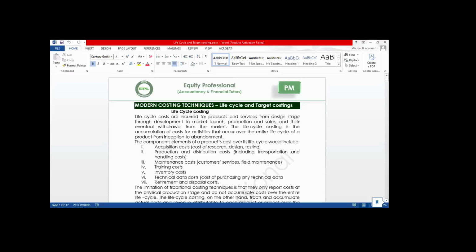Before production, the manufacturer conceives the idea, then goes into research and development. You are incurring costs prior to the production.